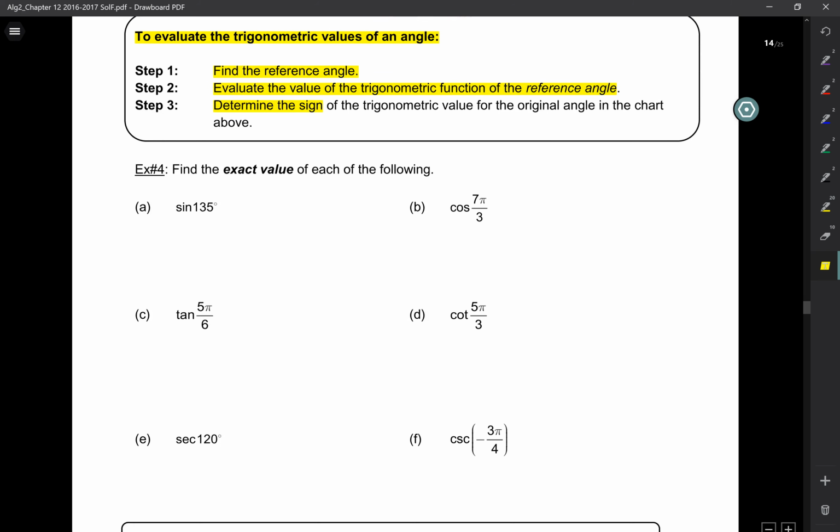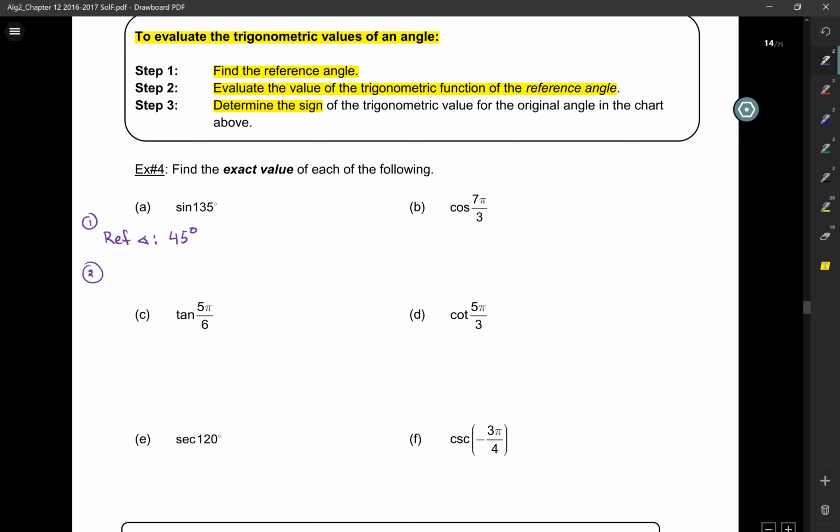Here we go. Sine of 135. What would be the reference angle for 135? 45, right? Are we all in agreement? So the reference angle is 45 degrees. That's step 1. What does step 2 say? Evaluate the trig function for the reference angle.